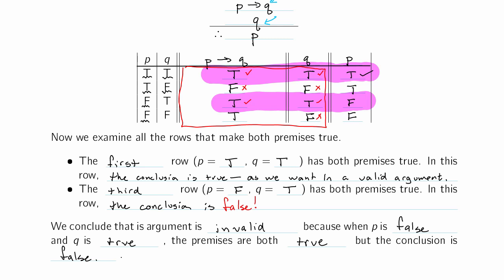It doesn't matter that there's one row that works. The only thing that matters is that this argument sometimes fails. What we're looking for in a valid argument is an argument that never fails. If we have one row in the truth table where all the premises are true, but the conclusion is false, the whole argument is invalid.